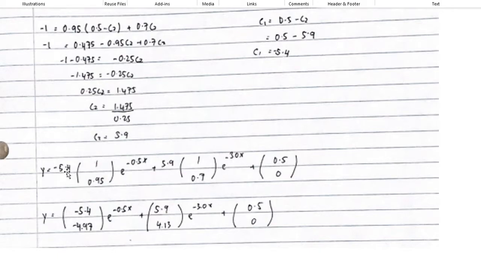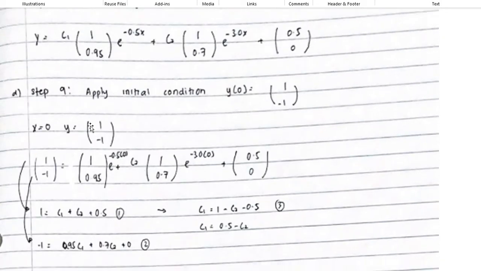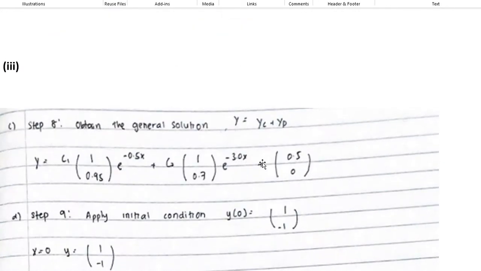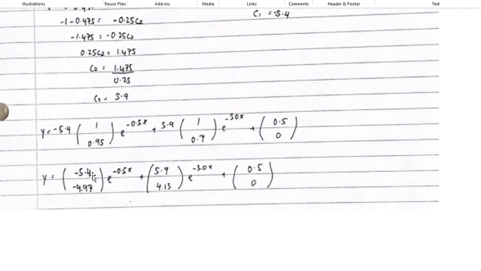And lastly, after we get the value of C1 and C2, we sub the values back. So negative 5.4 and 5.9. Then we simplify.